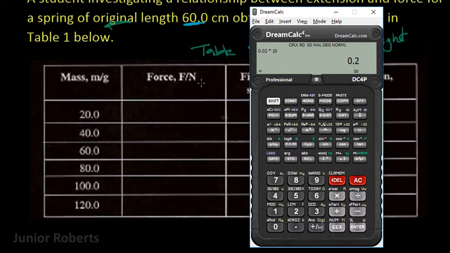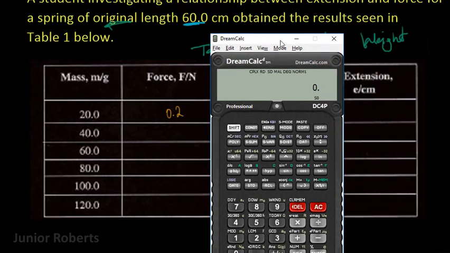So the force here would be 0.2 newtons. Okay, so again we move on to the other one, and we divide our mass, which is in grams, by 1000 to get it in kilograms, and then multiply by 10 newtons per kilogram.